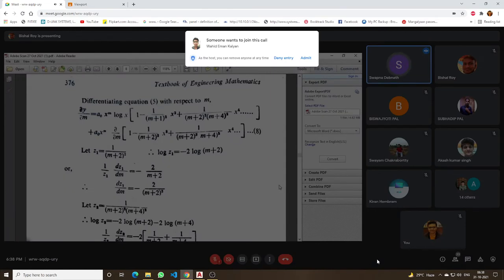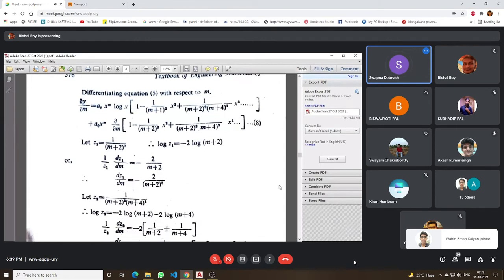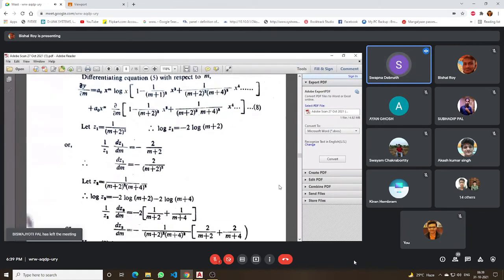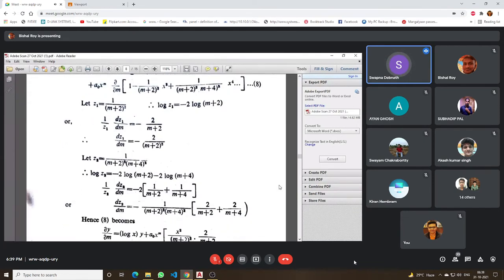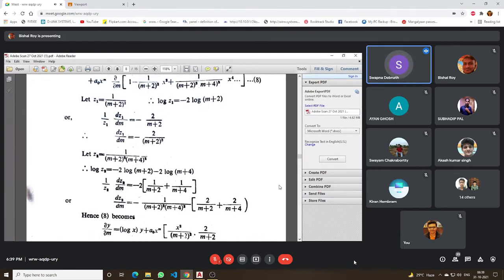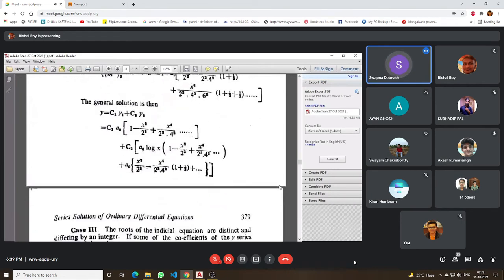Step 1 is substitute y equal to a_r x to the power m plus r, then find the indicial equation, then find the roots, and if these are equal, find y, and then write del y del m at m equal to, here it is, 0. Therefore, write the complete solution, that is c1 y at m equal to 0 plus c2 del y del m at m equal to 0. This is the general solution.